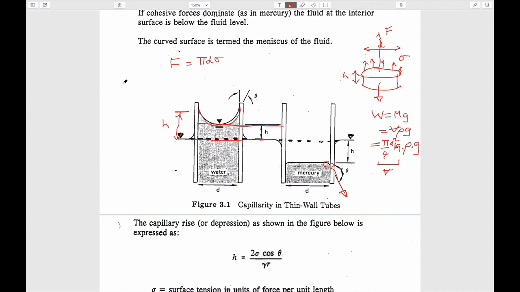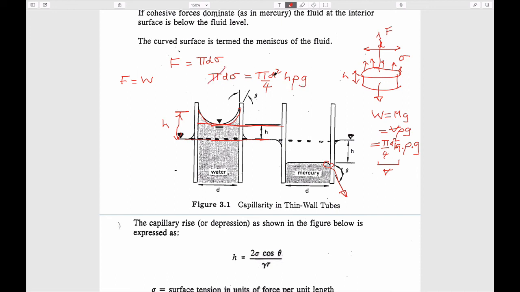And so if we equate this force to the weight of the fluid, then pi d times interfacial tension has to be equal to this term here, which is pi d squared upon 4 times the height times density times gravity.